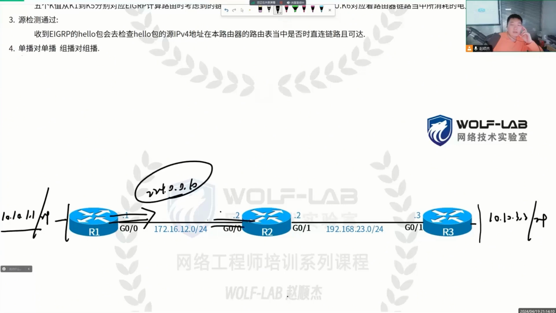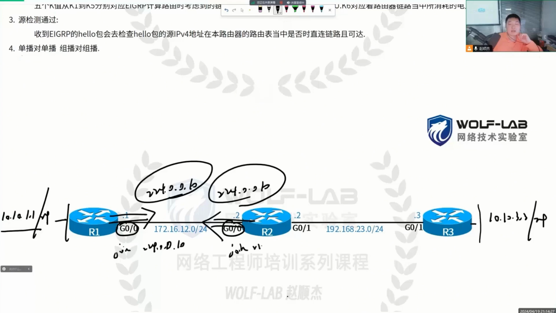All will join 224.0.0.10. So we can send packets to the multicast group, and we can also receive what others send to the multicast group. EIGRP hello packet. As for our EIGRP, what did we say is the best use of multicast? It's in an MA network.